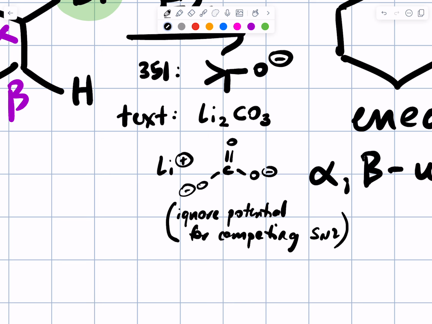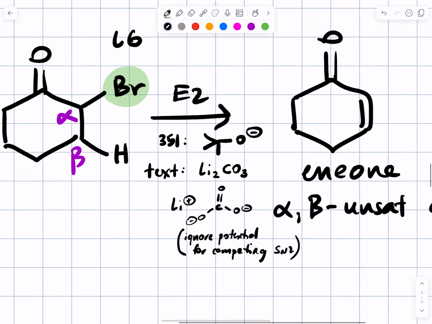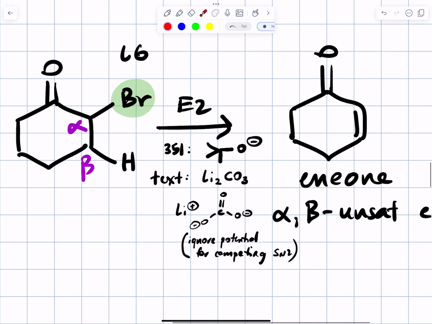I don't expect you to memorize it. If you see it on an exam problem, you need to recognize it enough to know what it's doing. If when you're solving problems you propose to use tert-butoxide to do the elimination reaction, that's totally fine. I don't really actually know why they're choosing this base to do that elimination reaction.